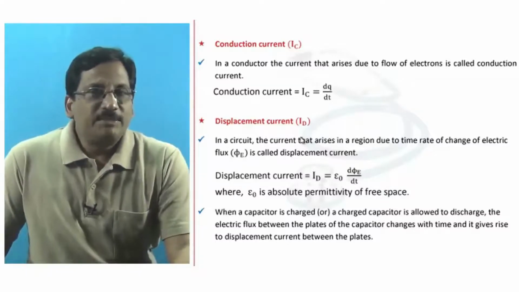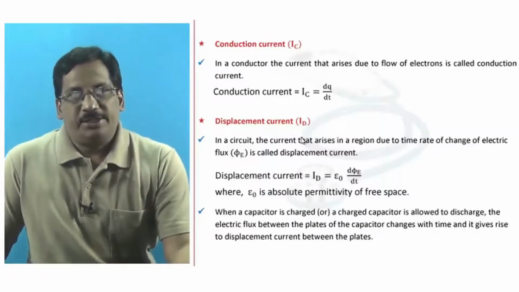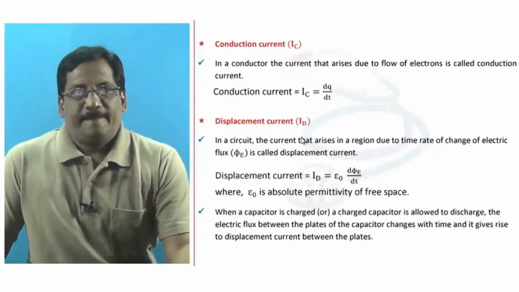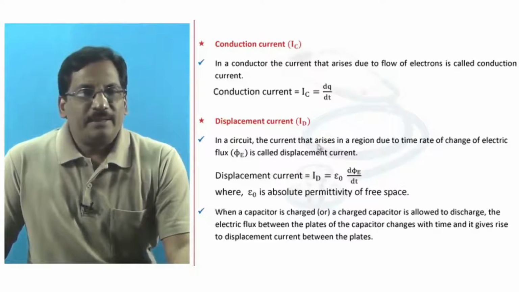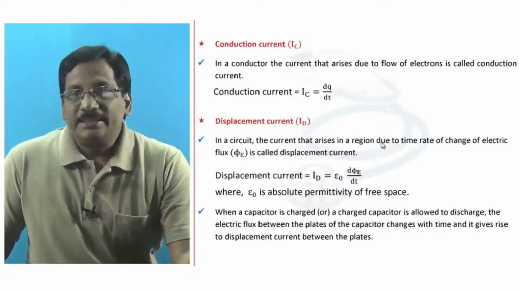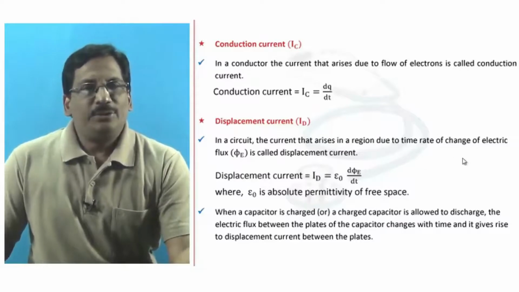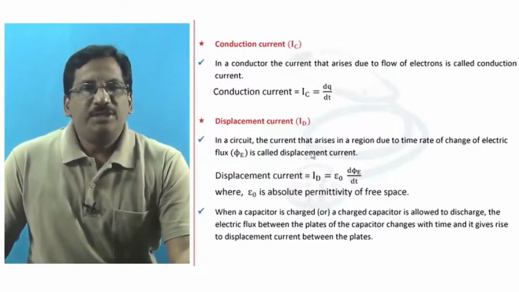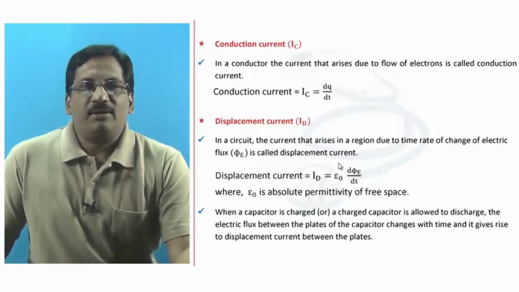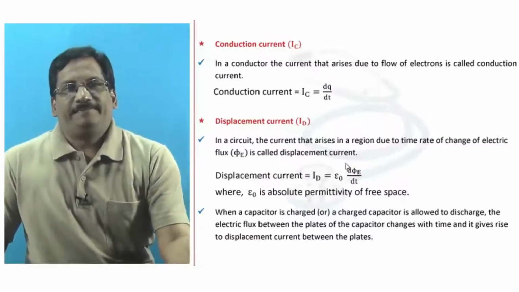What is displacement current? It's a new introduction. Now in a circuit, the current that arises in a region due to time rate of change of electric flux is called displacement current.